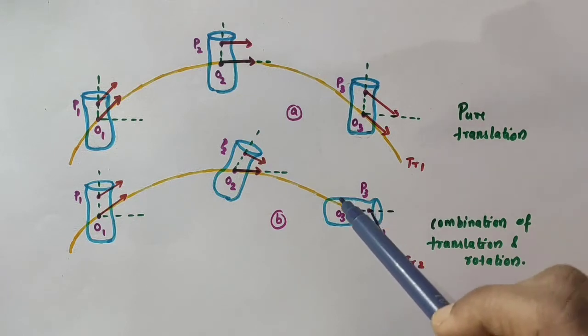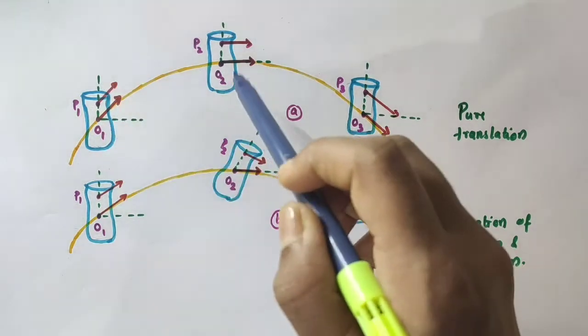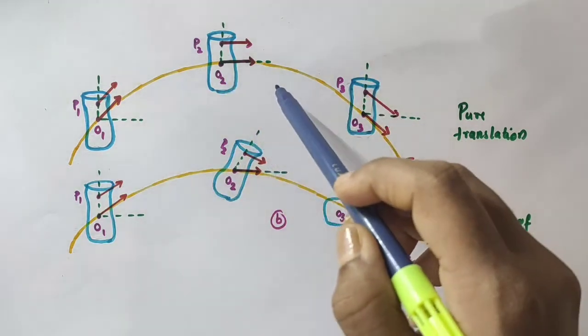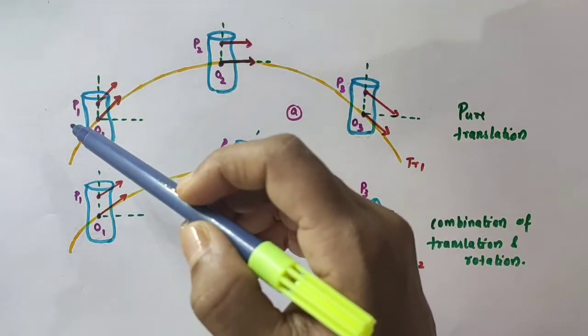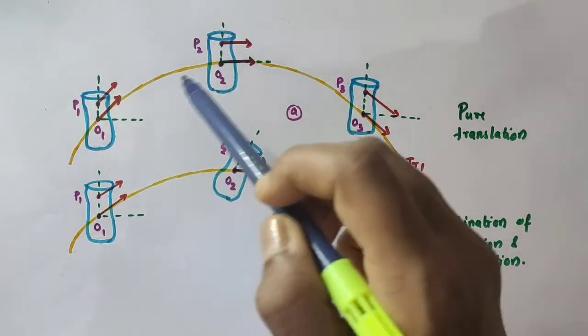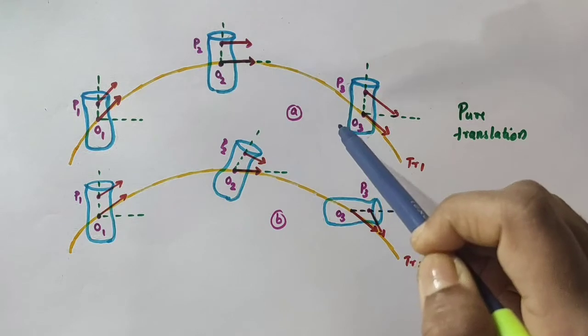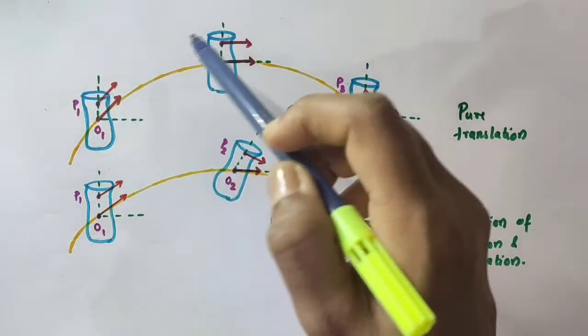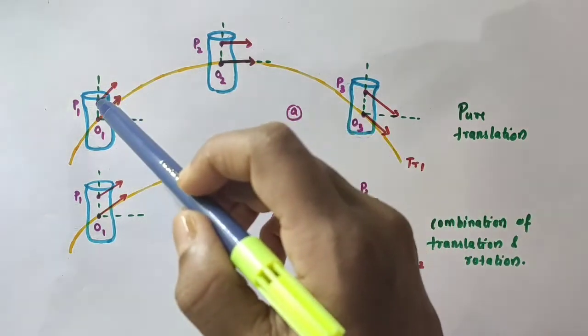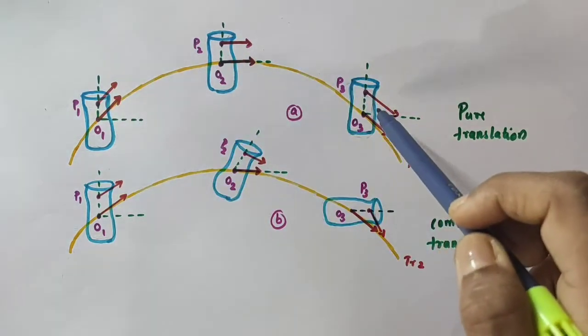You can see the positions of O and P at different instants of time. In figure A, O1, O2, O3 are the different positions of the center of mass O at different instants of time. P1, P2, P3 are the different positions of that point P at different instants of time.